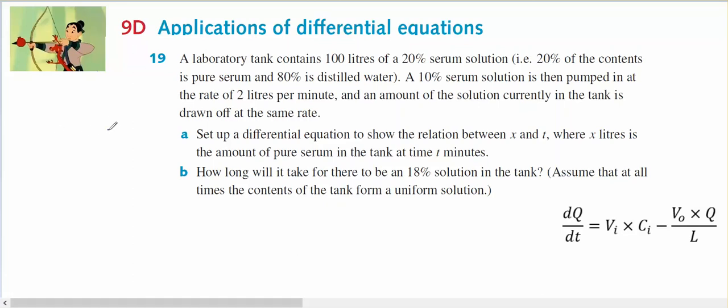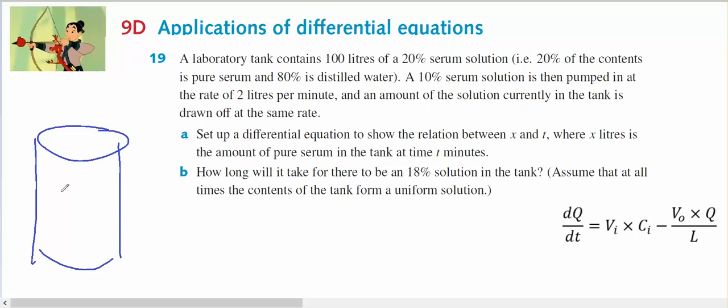We have a tank that's got 100 litres of liquid, of which at time 0 there are 20 litres of serum, because there's 20% and 20% of 100 is 20.